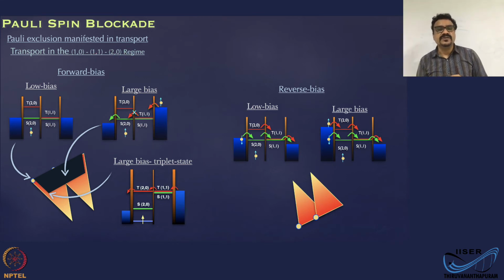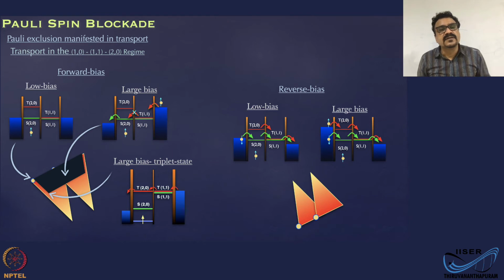That means you are starting from a system with (1,0), then an electron enters and the system goes to (1,1). Then that electron moves to the second dot, in our case from right to left, and goes to (2,0). Then finally that electron will tunnel out. Then you will be back to the (1,0) state. That is the charge cycle we are referring to.